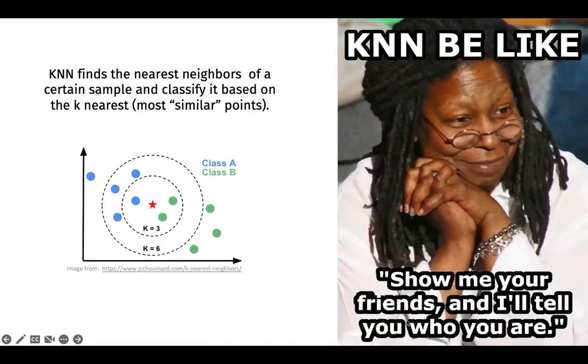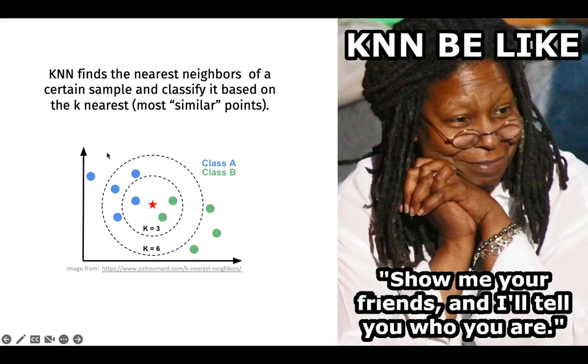In order for us to make a prediction, in other words, predict a certain class label, KNN finds the nearest neighbors of a query point and computes the class label, or classification, based on the most similar points. In this example, we have different points that may be classified as class A or class B. If we have a new point, would it be classified as A or B based on the closest neighbors?